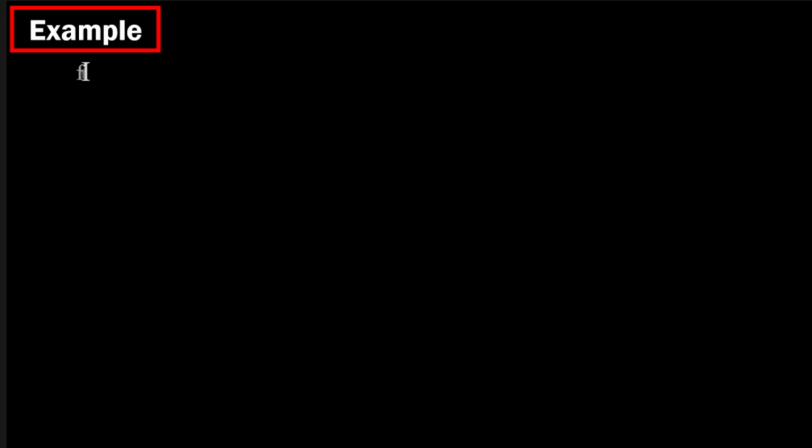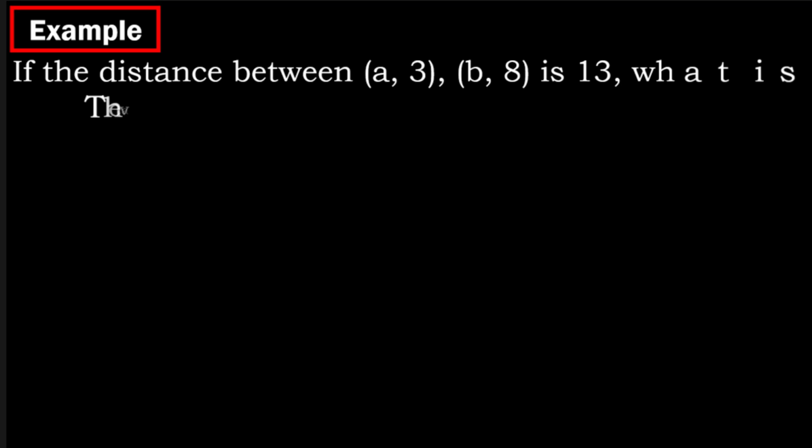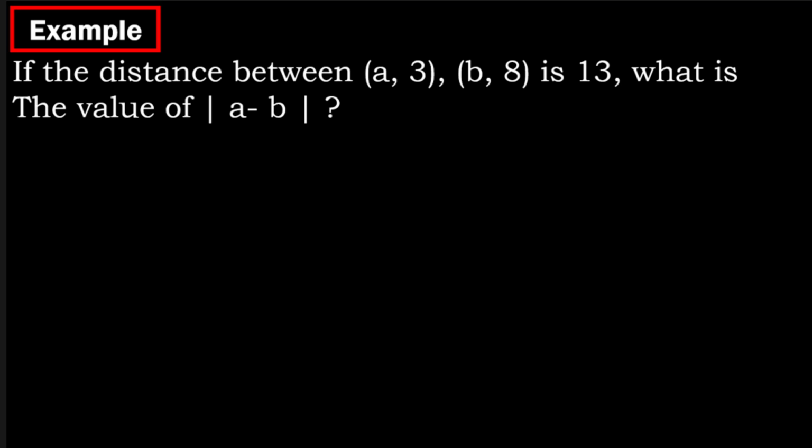It says here, if the distance between A, 3 and B, 8 is 13, what is the value of the absolute value of the difference between A and B? Now we have here 2 points A, 3 and B, 8, and we have here the distance. So we can make an equation to find the difference between A and B. It's very easy.